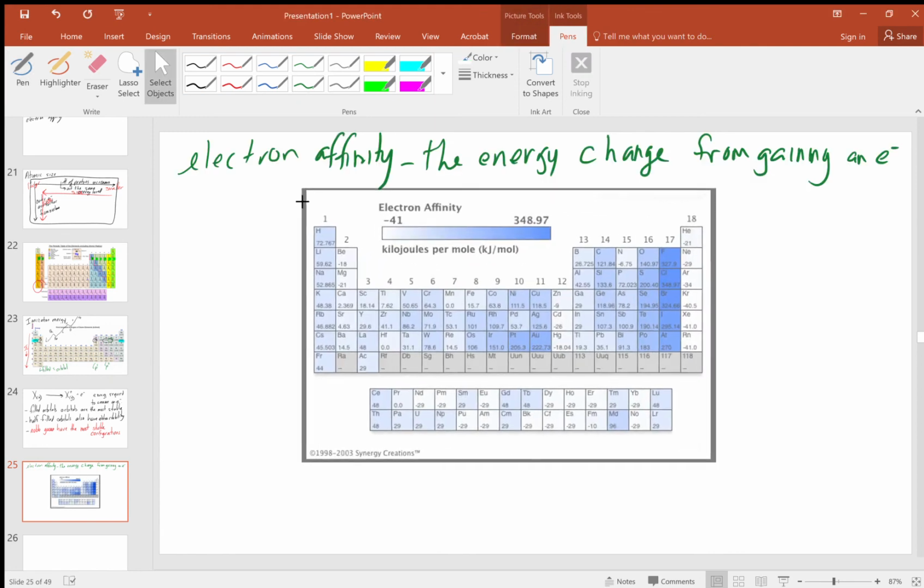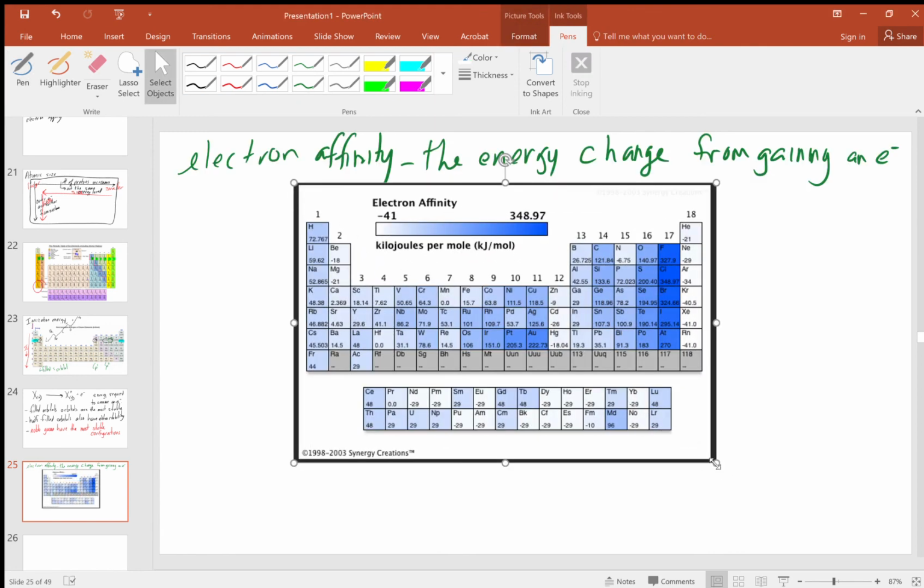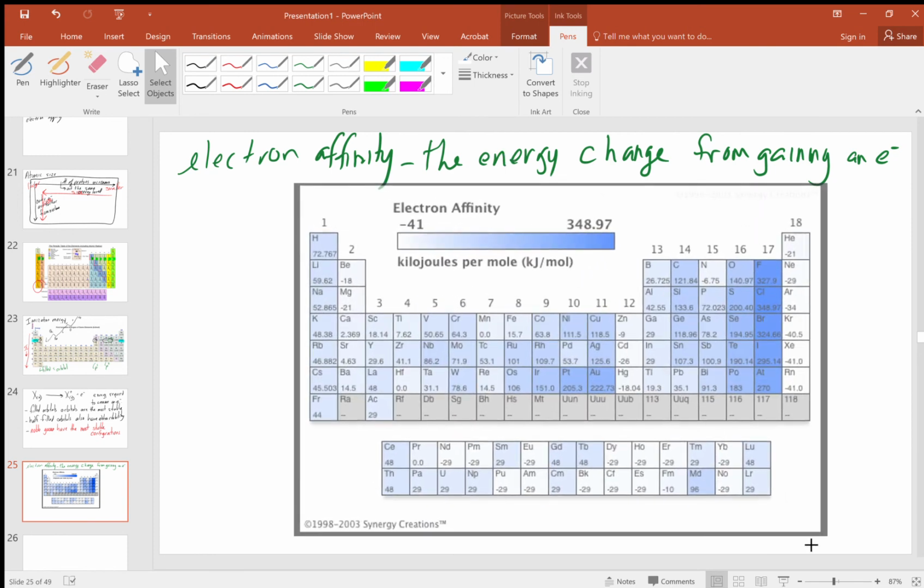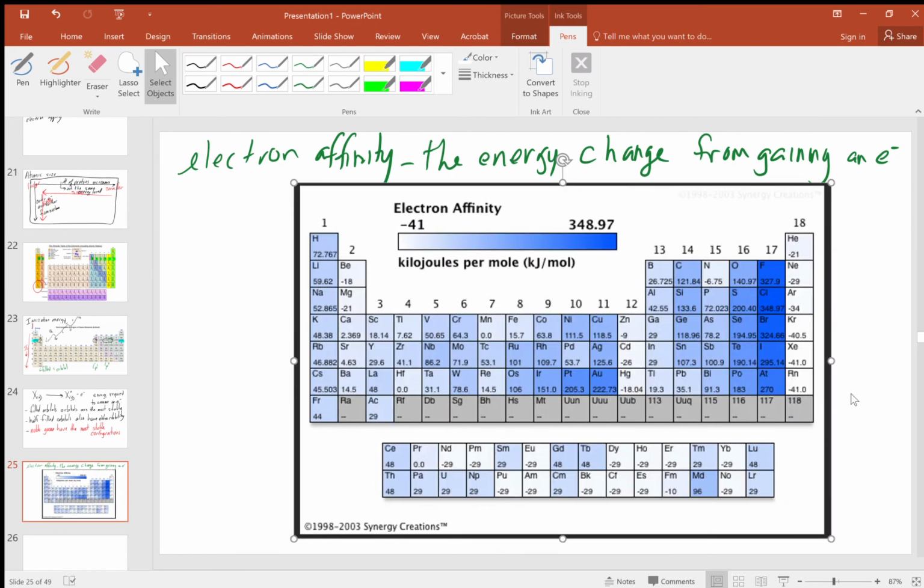So here's an electron affinity table. And so if the opposite is true, what you would expect to see is that electron affinity would go down, because as we get further away from the nucleus, there's less attraction for electrons. And that's the exact trend we would see.